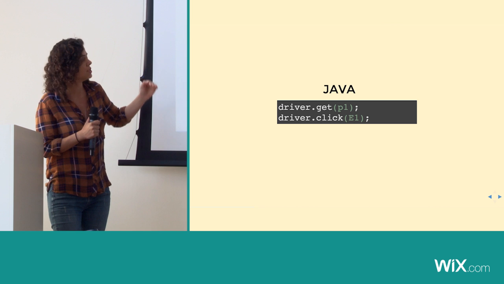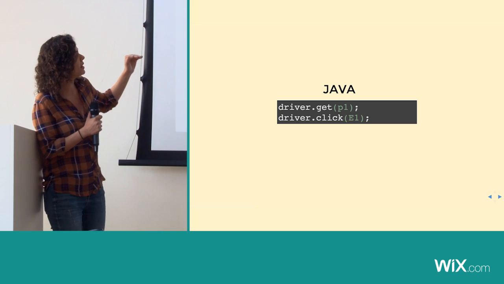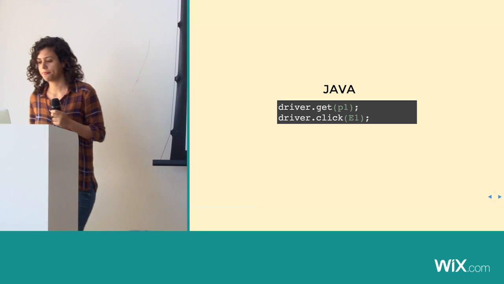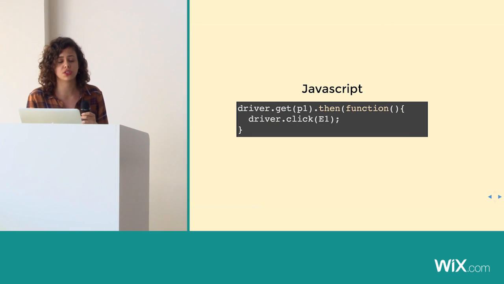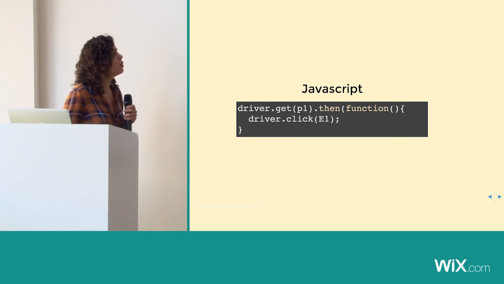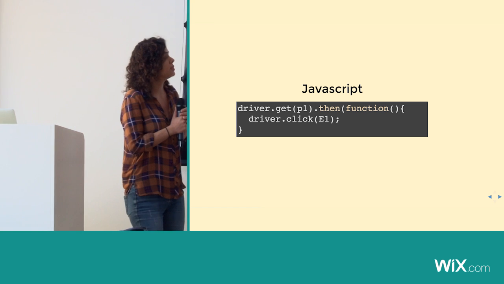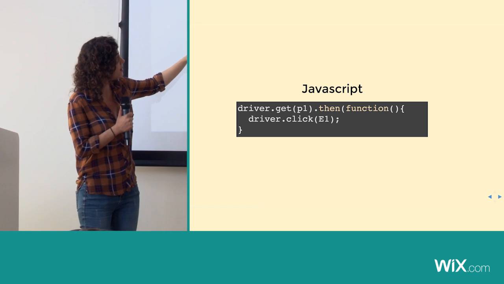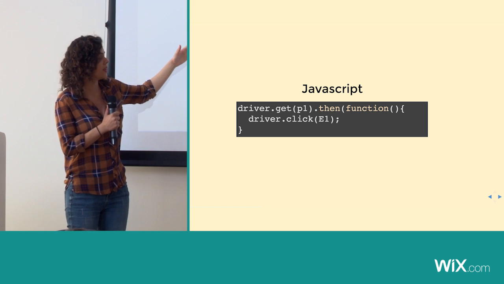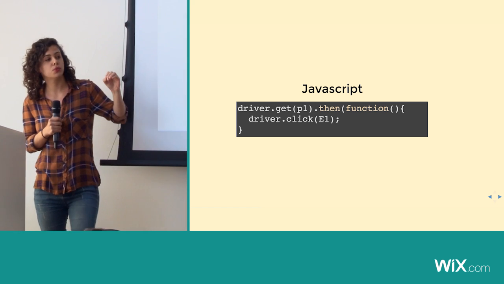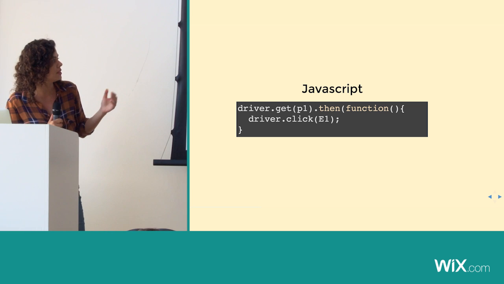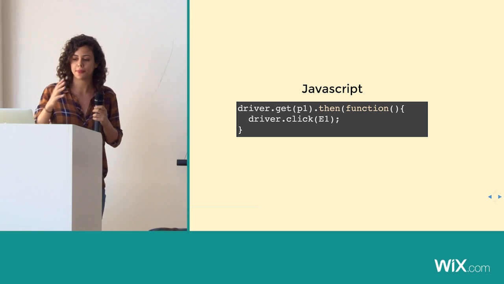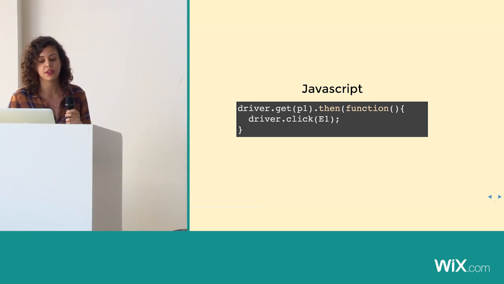So in Java, which is a synchronous language, we're going to write this code like this. If we're using JavaScript, like Protractor, we're going to have to assure with promises that the last action was resolved, for example, driver get, and then we can execute the click after we make sure that the first action was really finished.